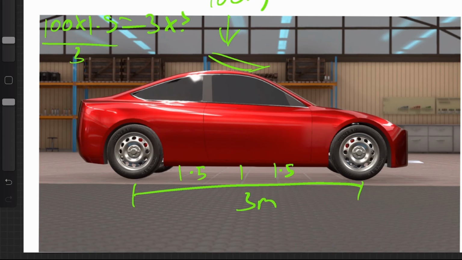We divide by 3, you end up getting 150 divided by 3, 50 kilograms. So now we know by moving the wing to the centre, you don't get any lift, but you get significantly less downforce at either end.